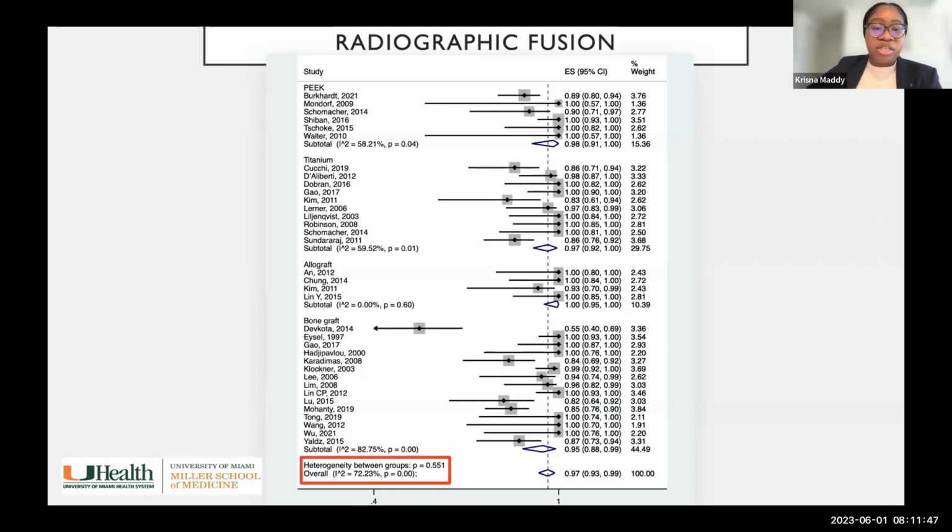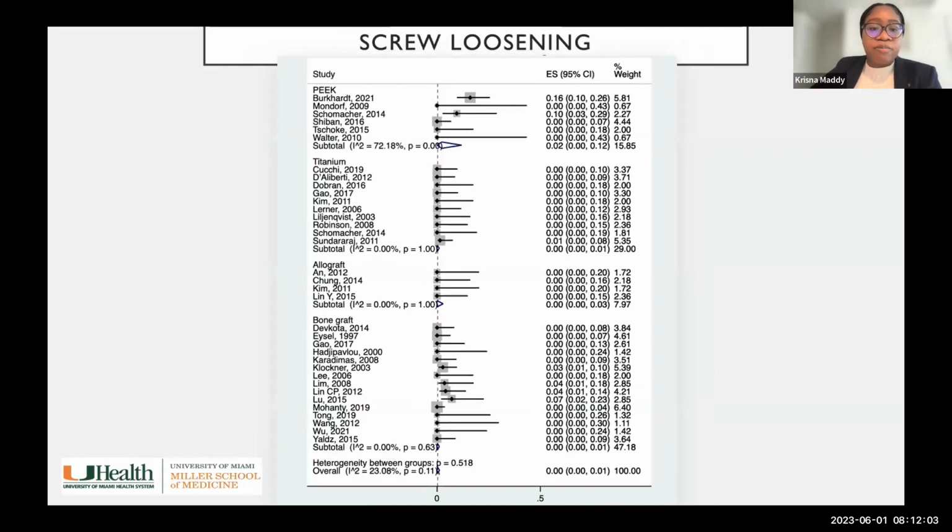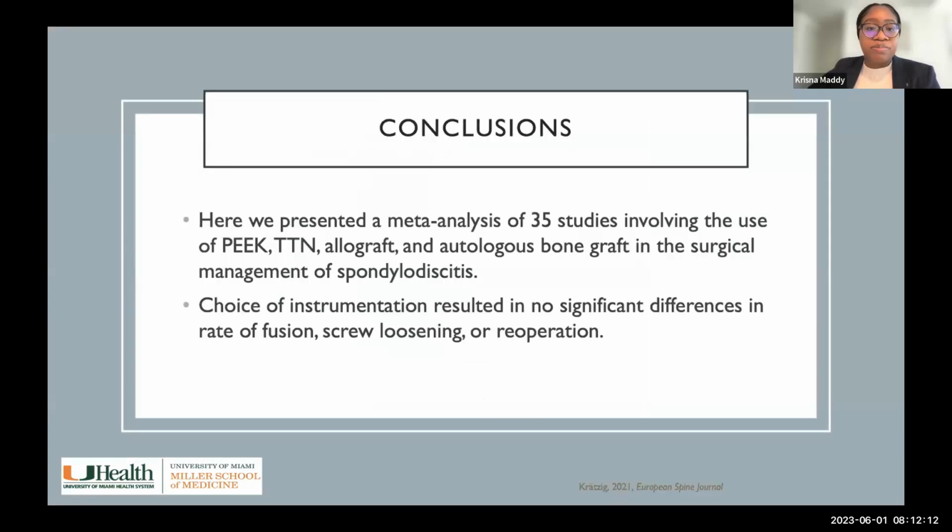And we found that there was no statistically significant difference in radiographic fusion across the 4 different instrumentation types. We also looked at rate of reoperation and again found no statistical difference across the 4 different instrumentation types. And we looked at screw loosening and again found no statistically significant difference across the 4 different instrumentation material types.